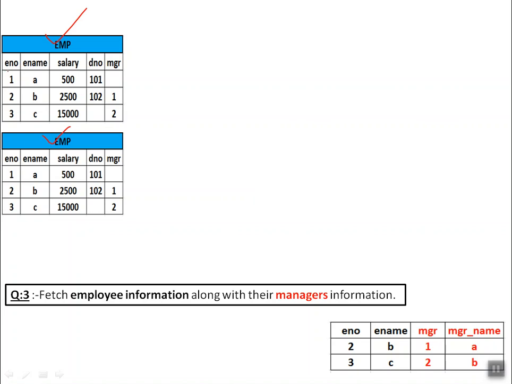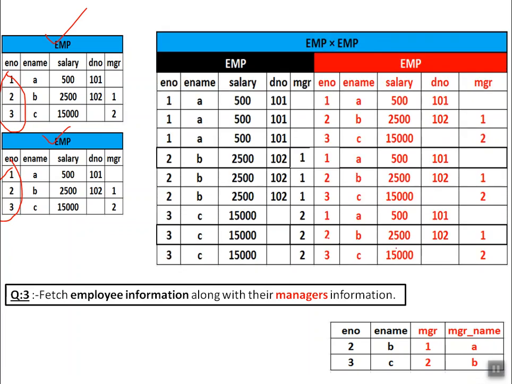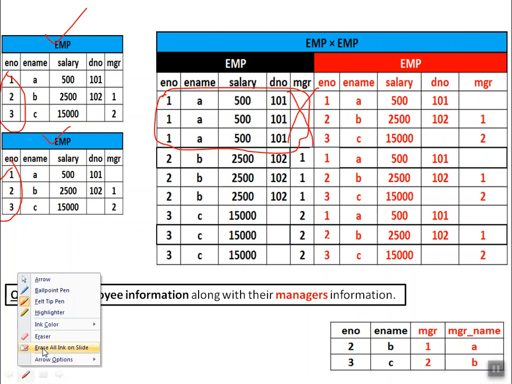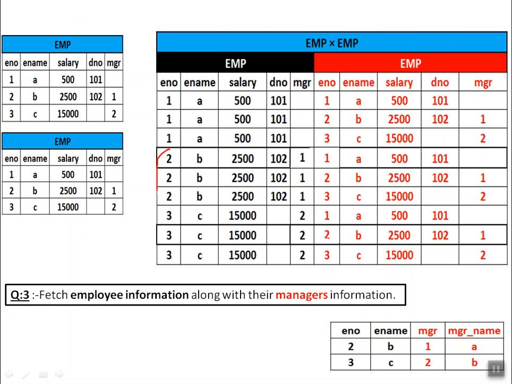Now ask all employees to join with all managers. Yes, done. He is one employee. Anyhow, he doesn't have a manager, leave this row. Next, continue with this. Employee 2.